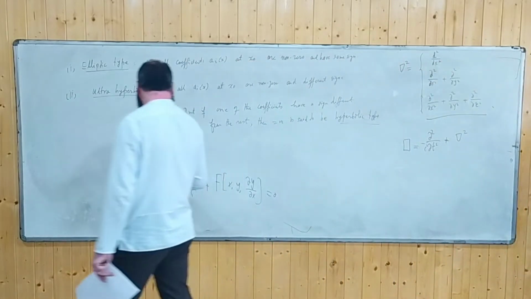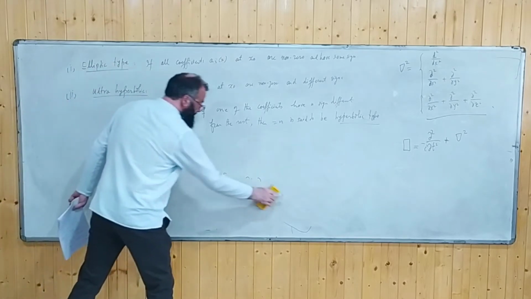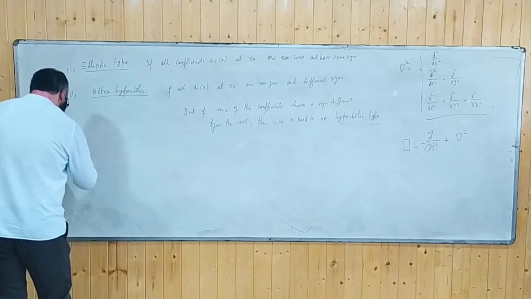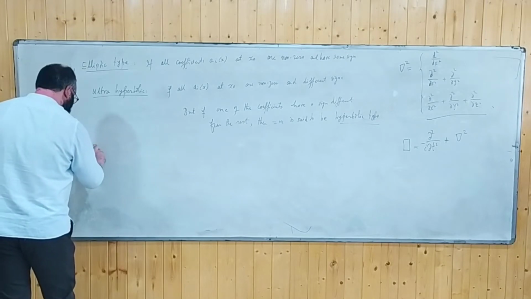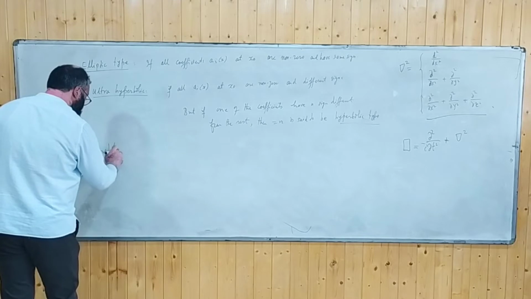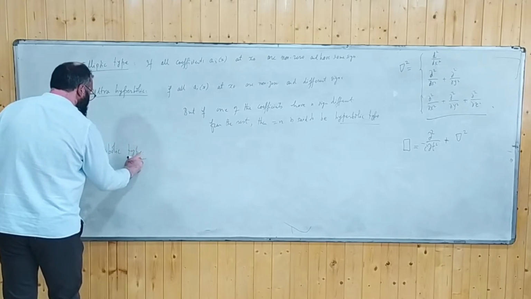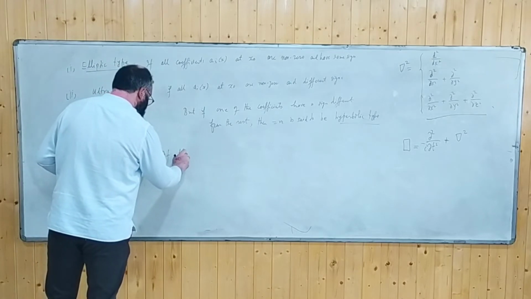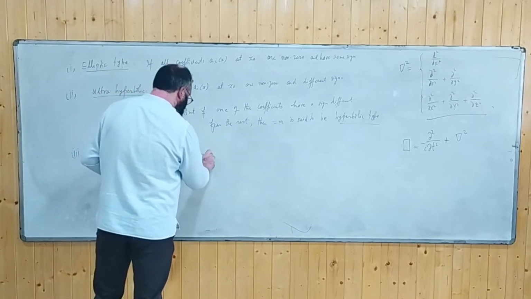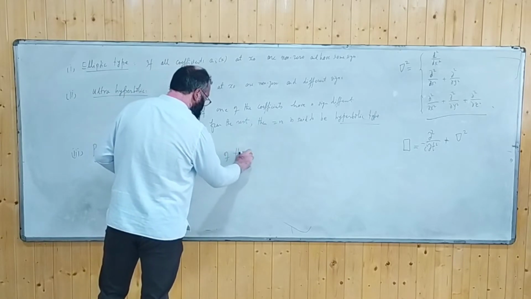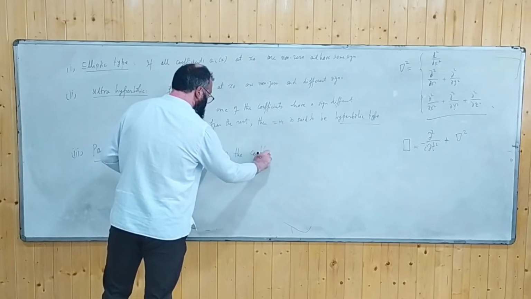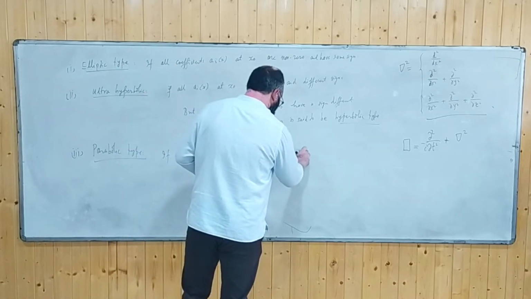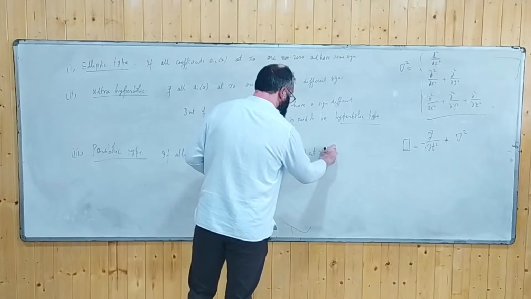Okay, so you can have another type, what we call the parabolic type. If at least one of the coefficients a_i of x at x0 is 0.